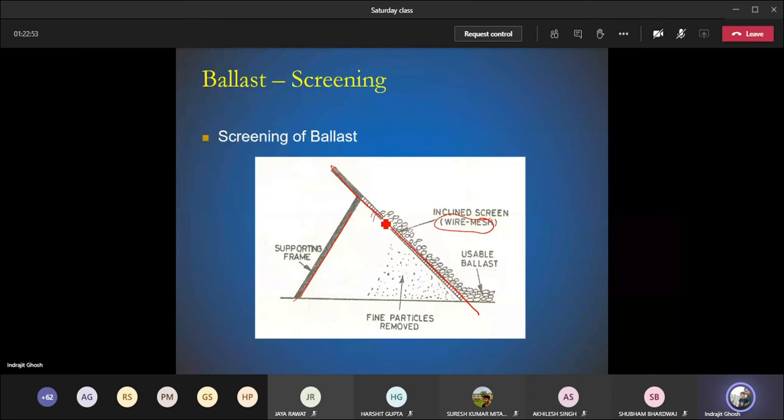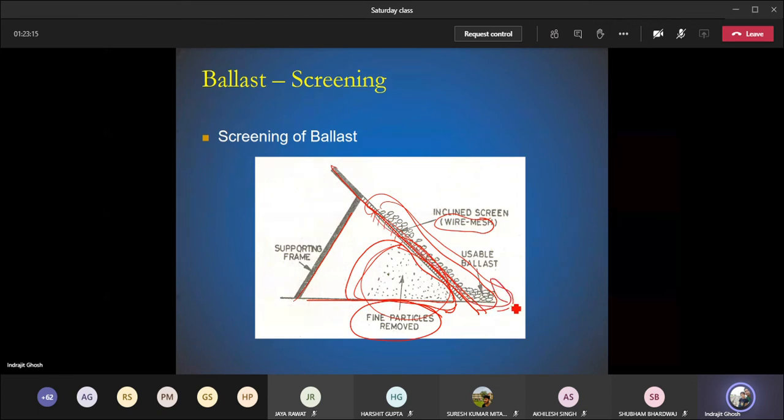We have the size listed here, so anything finer than this particular size will come down here. The finer particles get dumped and accumulated at this portion, and anything beyond the minimum size is retained on top of the wire mesh. So we take the cleaner material, leave the finer material here, and use the cleaner material again for the ballast layer. Very easy screening of ballast.